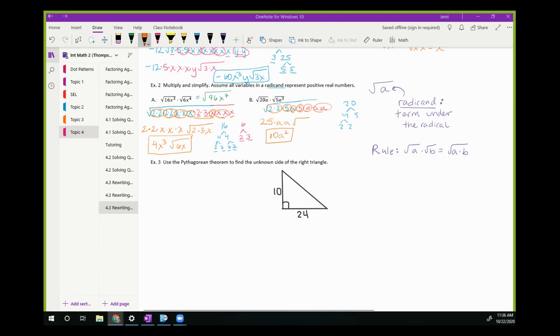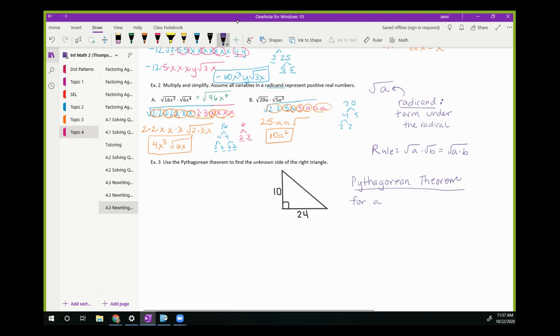So let me offer you up a reminder of the Pythagorean theorem. You should have seen this before, though there's no guarantee that you have.